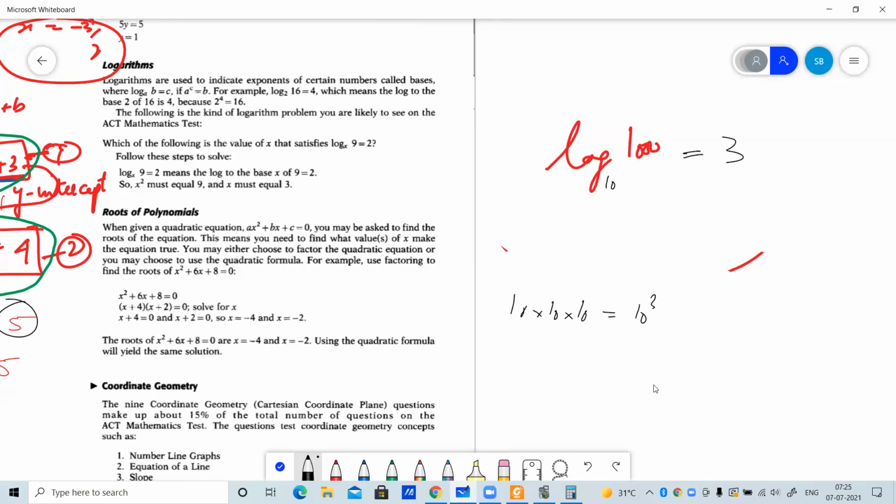Right? What power can 10 be raised to in order to get 10,000? 4. Right. So log of 1,000 to the base 10 is 3, and log of 10,000 to the base 10 is 4.